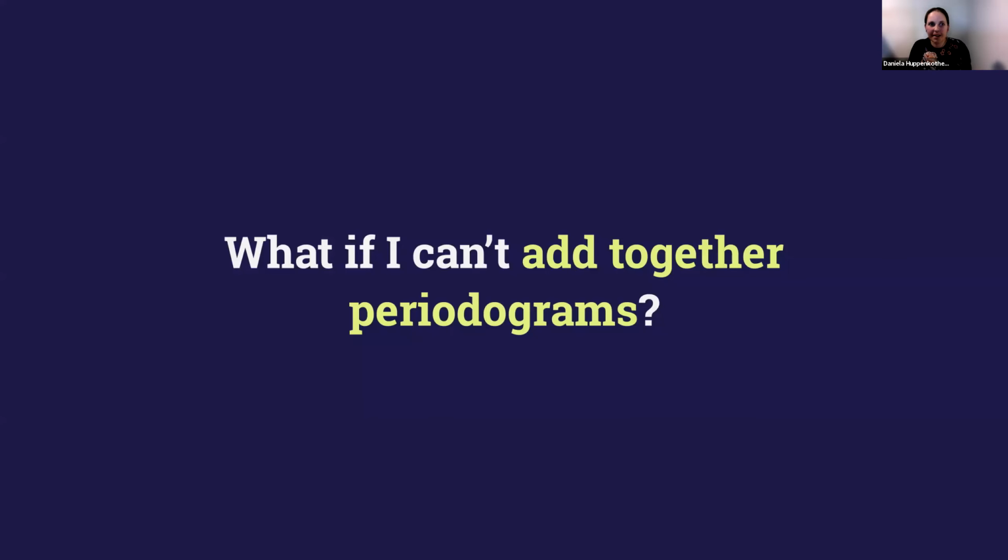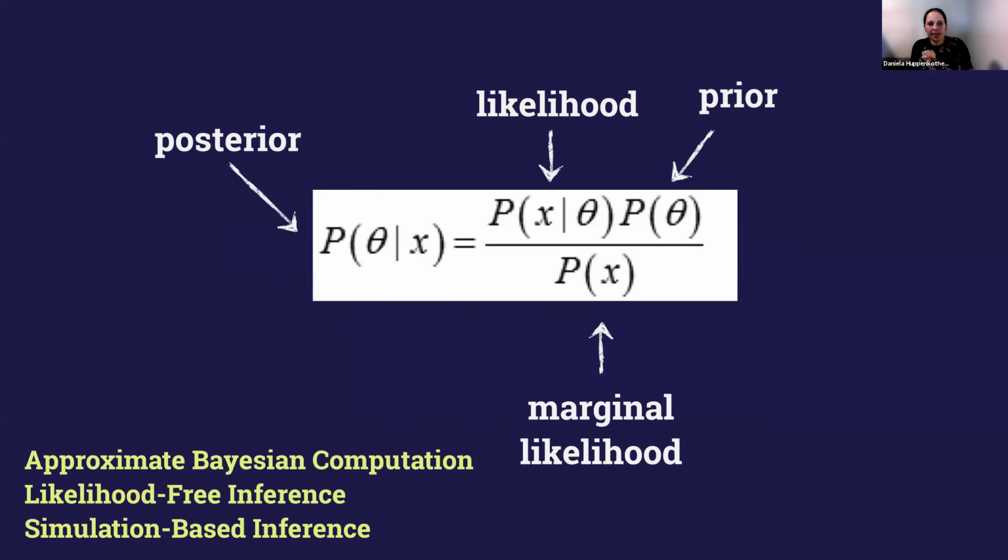For that, what we've recently been working on are methods based on what's called approximate Bayesian computation or likelihood-free inference, or more recently simulation-based inference. There seem to be a lot of terms floating around like this. These are basically methods for problems like this, where you're interested in a posterior probability.